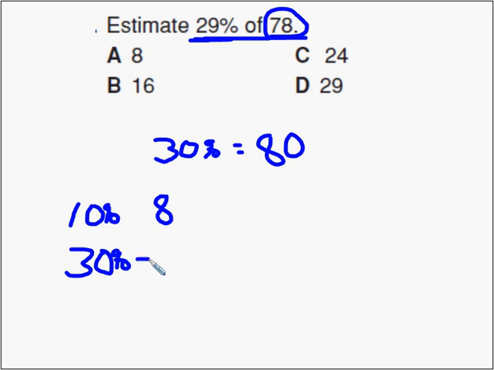Kind of a ratio thing. 10 times 3 is 30, and 8 times 3 is 24. 30% is 3 times as much as 10%, and 24 is 3 times as much as 8. So if I multiply 10 by 3, I also multiply the 8 by 3, and I get an equivalency. It's 24. So 24 is my answer.